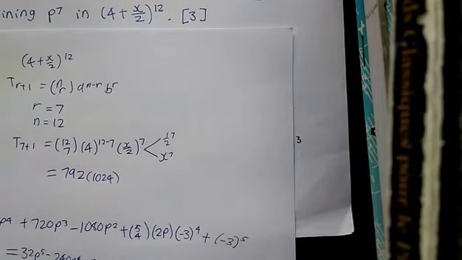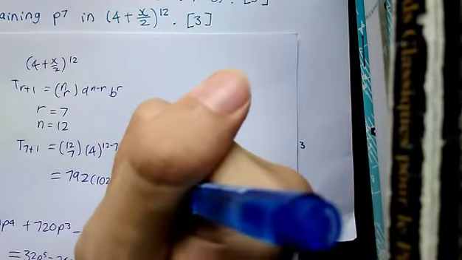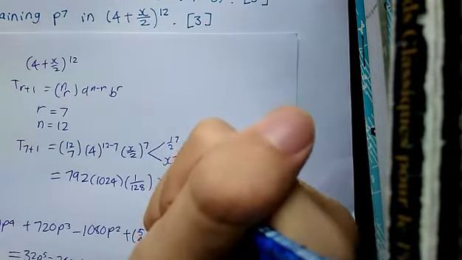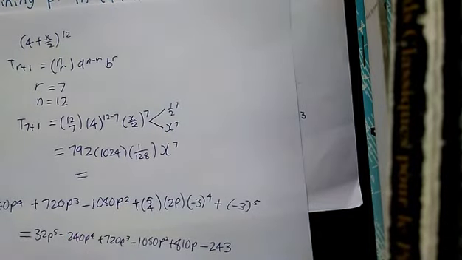So eventually we're going to get half to the power of 7 times x to the power 7. So 1 over 128 x to the power 7. And you're going to equate this and you'll get your answer.